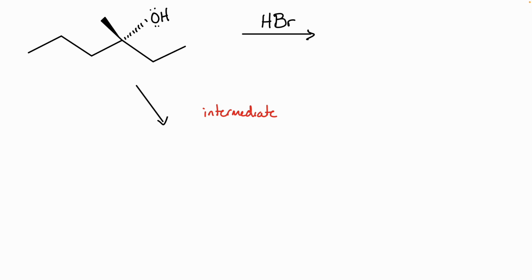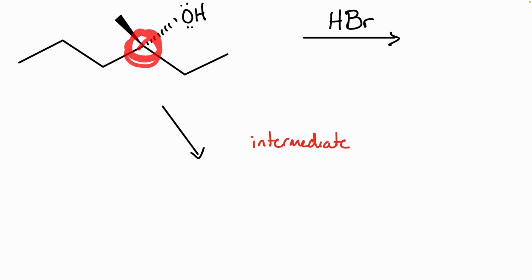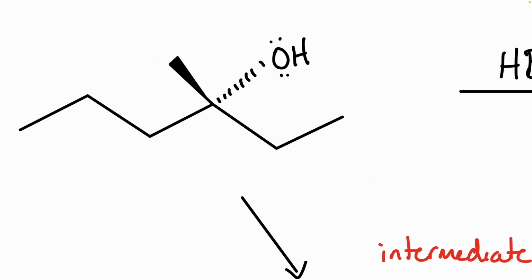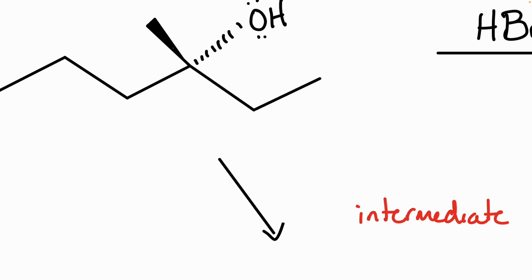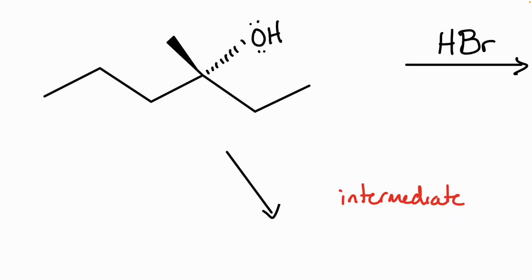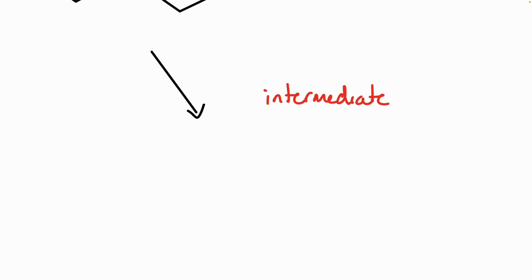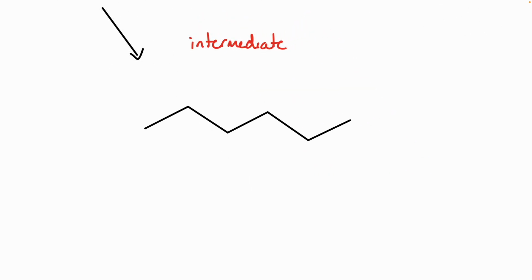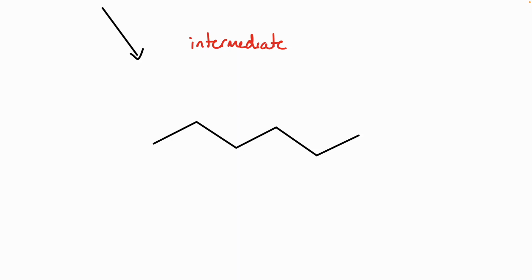Okay, so these chiral stereochemistries, our dashes and our wedges here, are a result of that tetrahedral structure of our sp3 hybridized carbons. Okay, but when we take this and we remove that hydroxyl group to form our carbocation, what do we know about the hybridization of a carbocation?